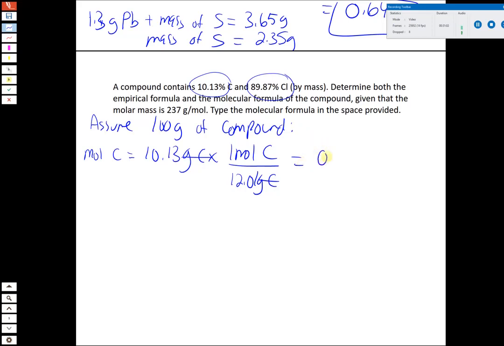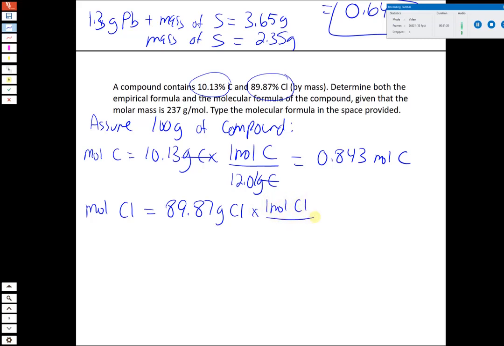And we get 0.843 moles of carbon. Then we're going to do the same thing for chlorine. We have 89.87 grams of chlorine. The rest of our 100% will be chlorine.